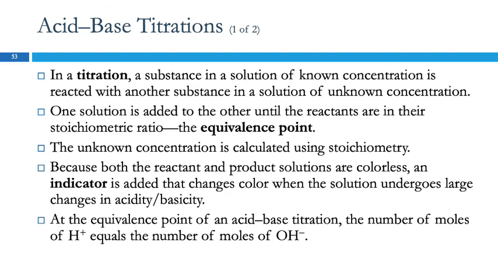So it might be colorless in an acidic solution and bright pink in a basic solution. When that changes color, that tells us, oh, you got there. So when we get to that equivalence point, the moles of hydrogen will be equal to the moles of hydroxide.